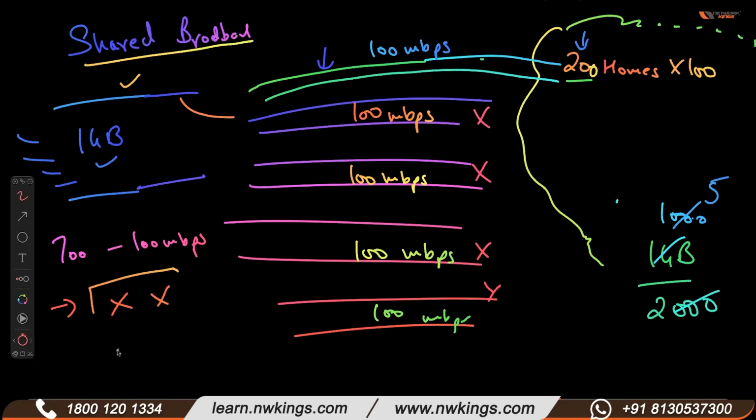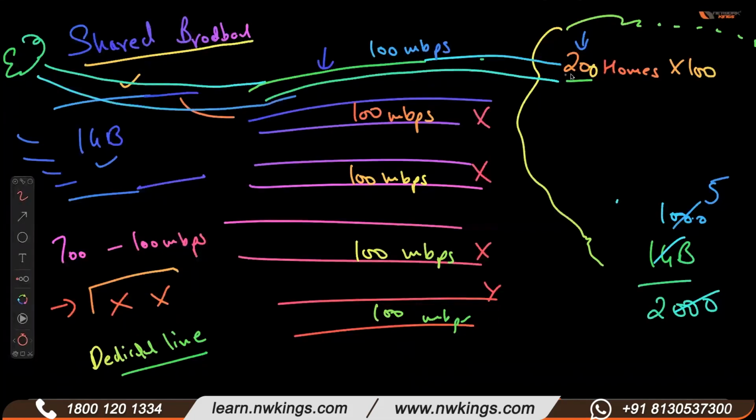And when we take a dedicated line, last time we discussed, if I'm going to buy a dedicated line, what is a dedicated line? It means this pipe, which is directly coming from a company, is specially for you and it will be 100. Nobody is going to use it anywhere. Like if it is coming directly from a company, this is a special pipe.